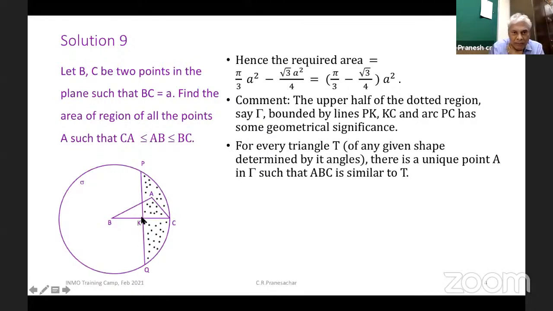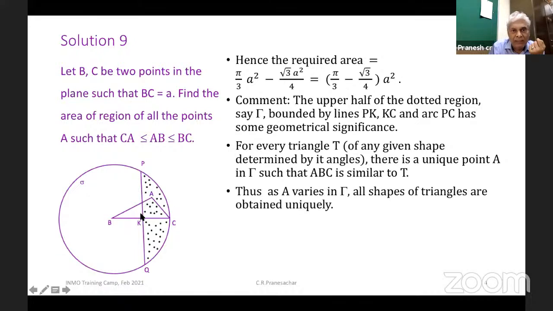So whenever point A lies on this boundary line or this boundary line, you will get isosceles triangle. But for this, the vertical angle will be less than 60. For this, the vertical angle will be more than 60. When I say more than 60, between 60 and 180. So as A goes from P to K, the angle at A increases from 60 gradually to 180 minus.